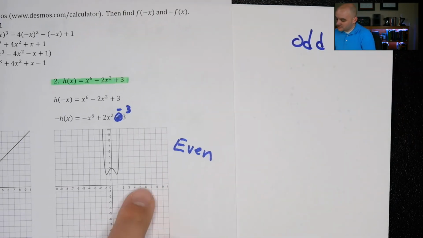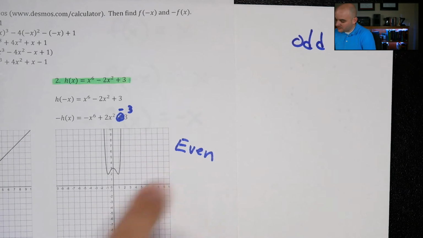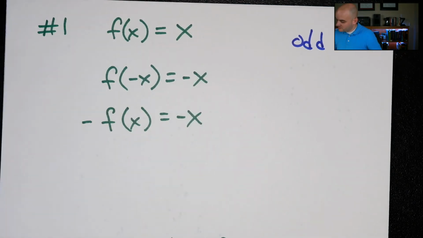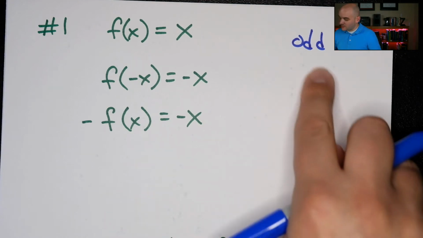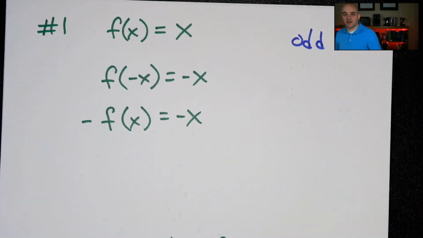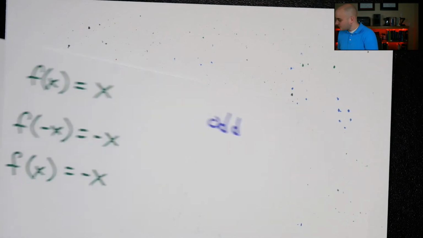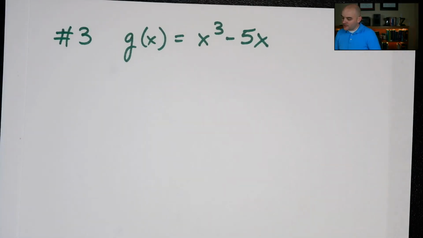And then the second one, we said graphically that this is an even function. We're going to do this with each one of these coming up, all 8 of them, and see if there's a pattern that can help us determine the difference between odd, even, or neither. So let's look at number 3 and work through it.